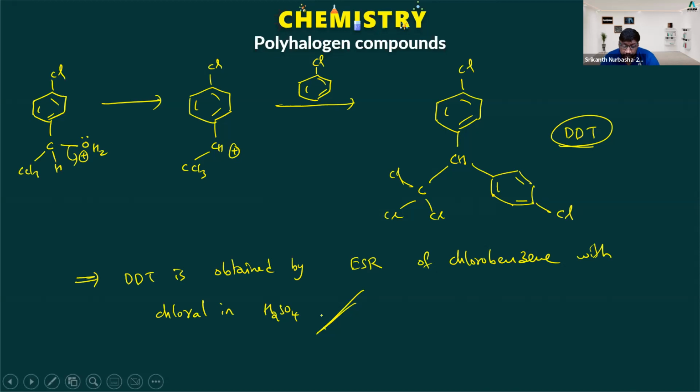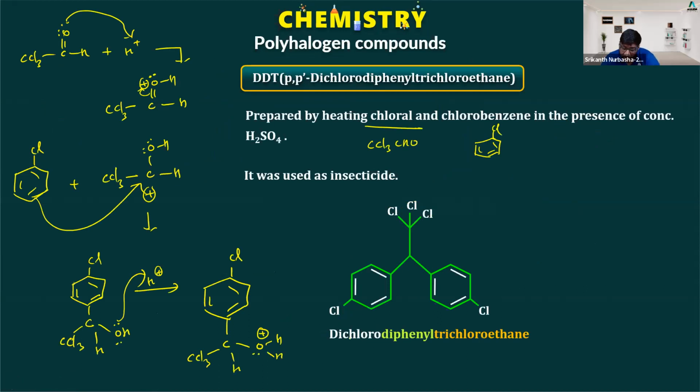Got this or not? Yes, we got the same compound, dichloro diphenyl trichloroethane. Dichloro diphenyl trichloroethane is the respective DDT, and it was used as an insecticide earlier.